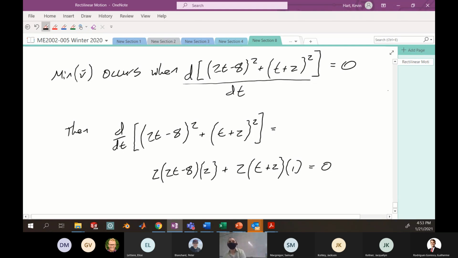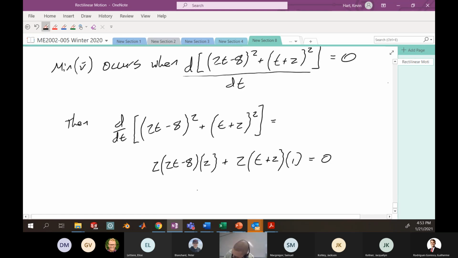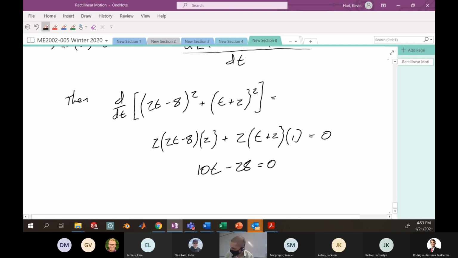Y'all okay with that? It's much better than taking that like square root derivative. That would be annoying. Caleb agrees. You can expand this. It'll be 10t minus 28 equals 0. Or t equals 2.8 seconds.